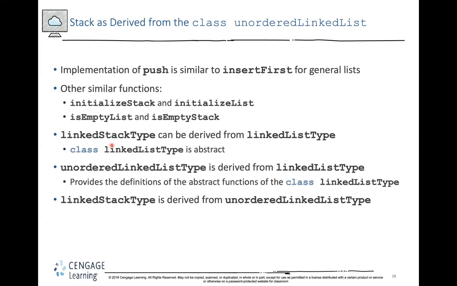For the linked stack type, you could potentially derive from linked list type as the abstract ADT, and then you just have to implement those functions. But it would be easier if you just inherit from the unordered linked list type, which is a concrete class. Then the implementation of this stack on top of this list is trivial.